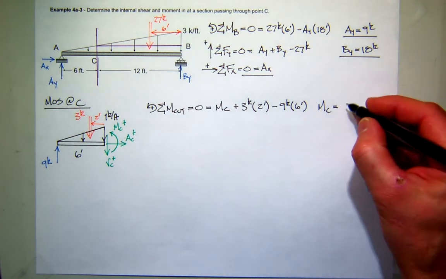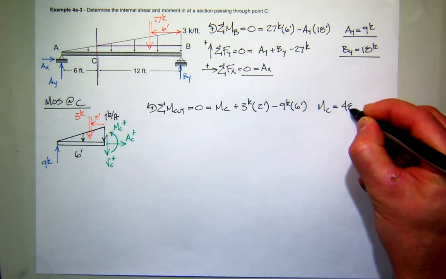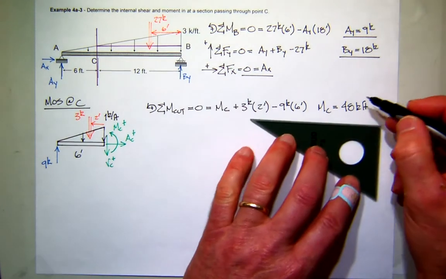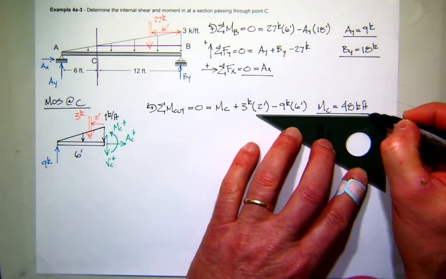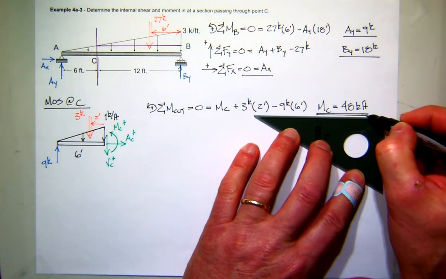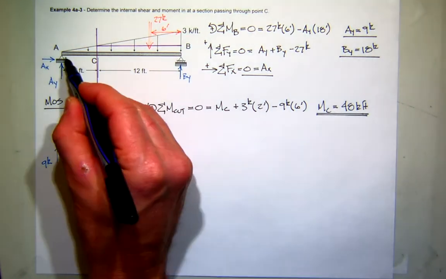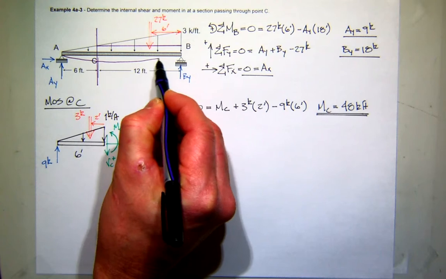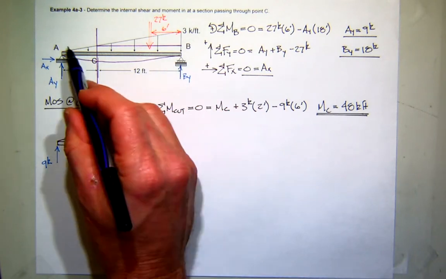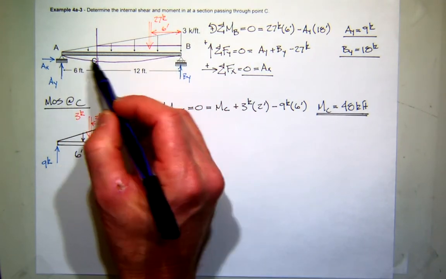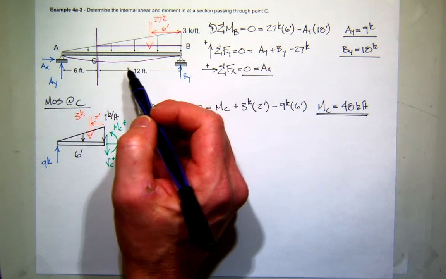Yes, 48 kip feet. Positive. Does that make sense that it's a positive bending moment? I say yes, because this beam is probably going to deflect something like this. And you can see that it's pretty much got that positive curvature everywhere. So you'd expect positive moments everywhere in this beam.